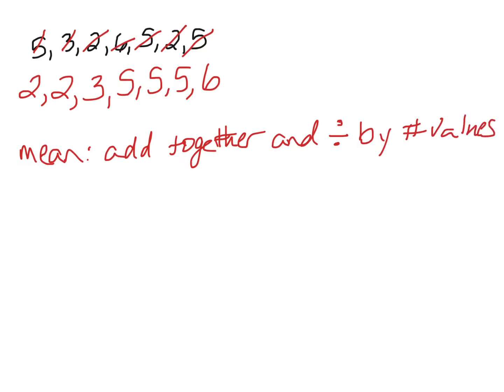So adding these numbers all together, 2 plus 2 plus 3 plus 5 plus 5 plus 5 plus 6 gives us 28. And then we're going to divide that by 1, 2, 3, 4, 5, 6, 7. And that gives us a mean or average of 4.